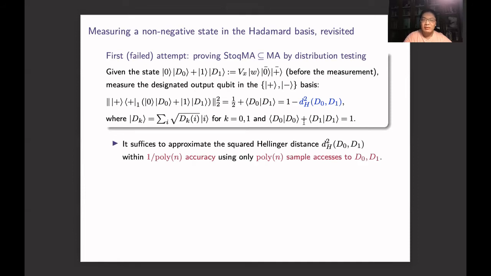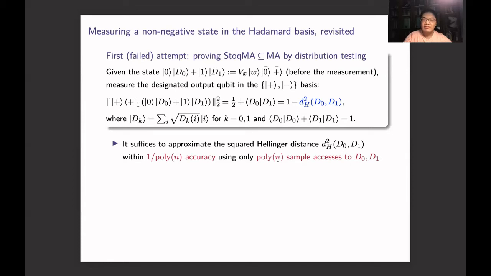To show StoqMA contains MA, it is sufficient to approximate the squared Hellinger distance between D0 and D1 within 1 over polynomial accuracy using only polynomially many samples from D0 and D1. Why is that? Because each sample can be drawn by just running a copy of the verifier and measuring all the output qubits.